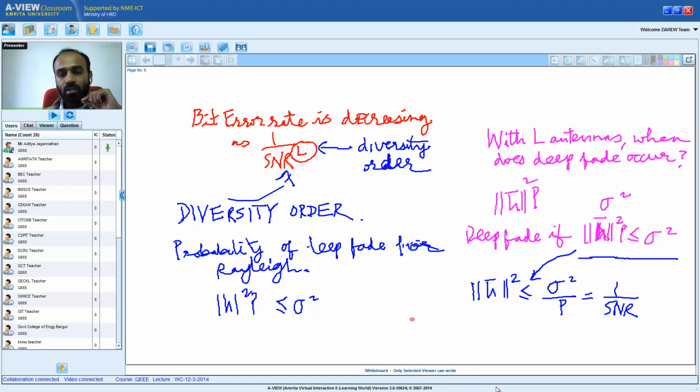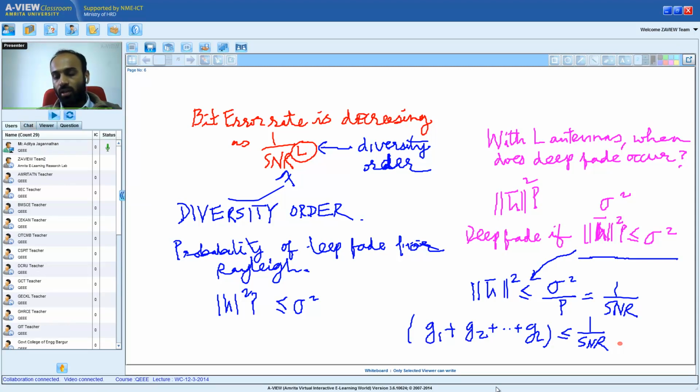Remember norm h square is nothing but G1 plus G2 plus up to GL. So the system is in a deep fade if norm h square is less than or equal to 1 over SNR, that is, G1 plus G2 plus up to GL is less than or equal to 1 over SNR.